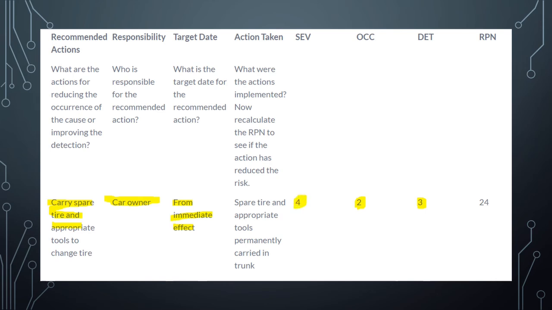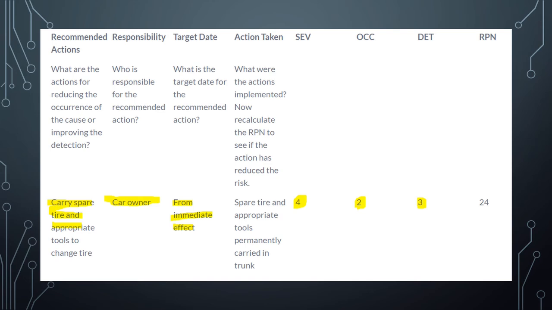So before we were at a 10, if you get a flat tire, you have nothing to change it, you're on the side of the road, that's a 10 in severity. If you have a spare tire and you can change a tire, then it's not as bad, right? It still puts a damper on your day potentially, but it does bring the severity down from a 10 all the way to a 4.